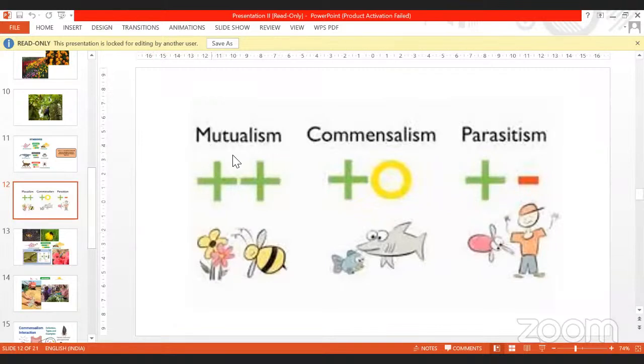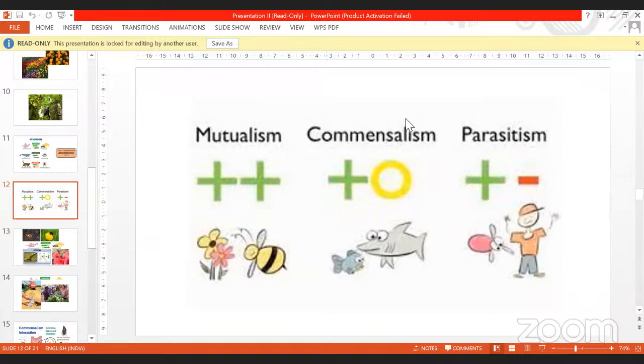So when you put your brains together, study for the exam together, make your notes and reproduce during the exam, that is mutualism. When one of you, during the exam, looks into your neighbor's answer script and writes down things, then you benefit, but the person from whom you are writing does not benefit or get harmed.